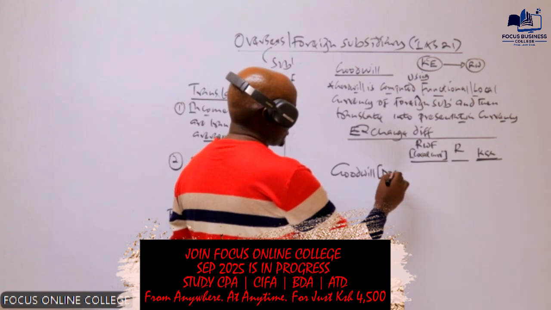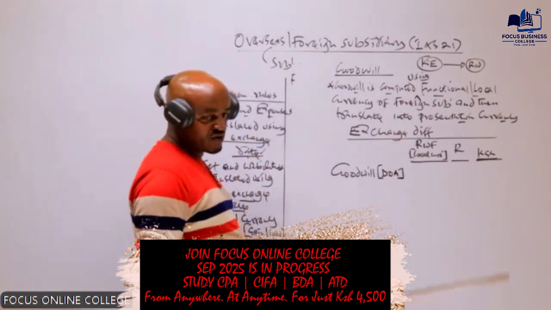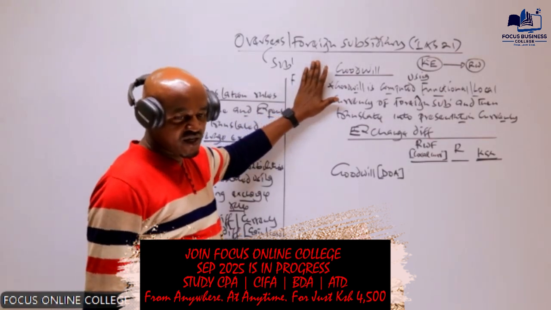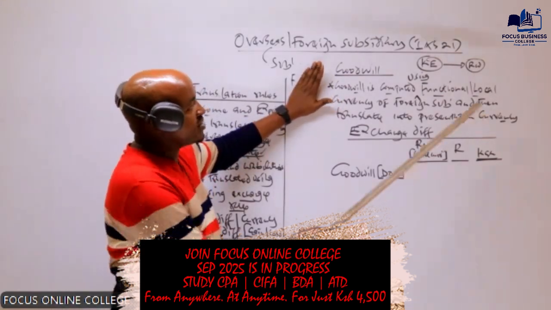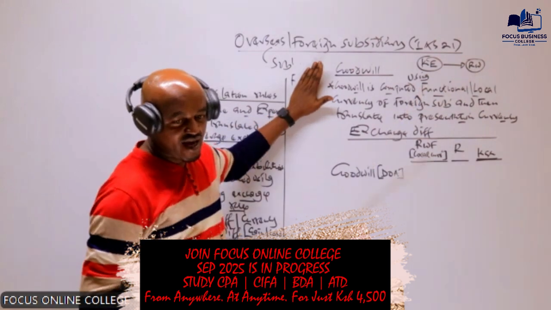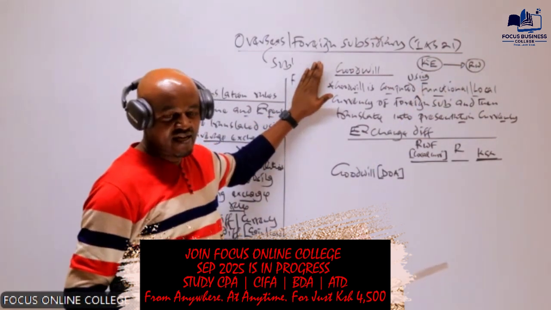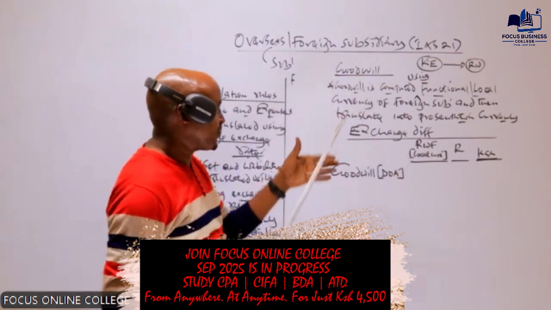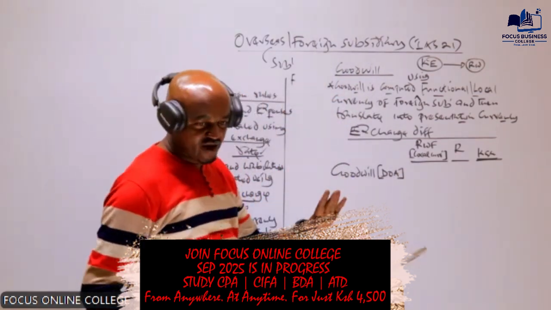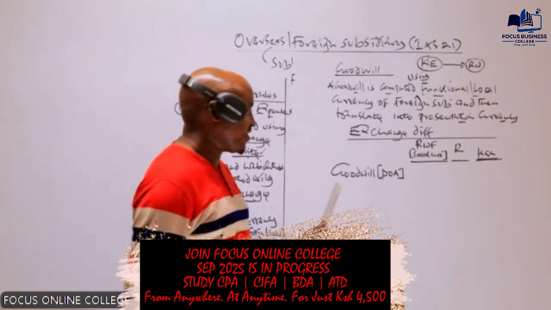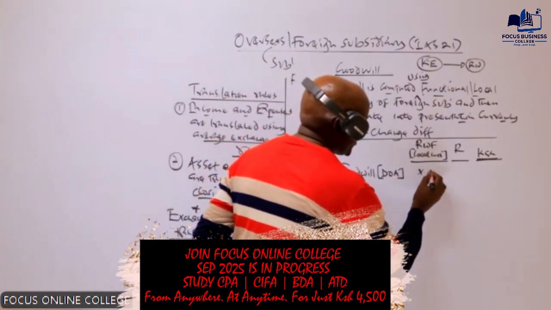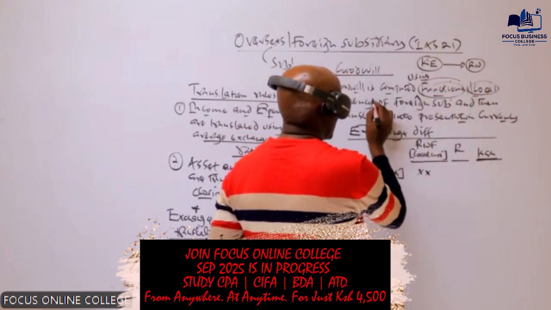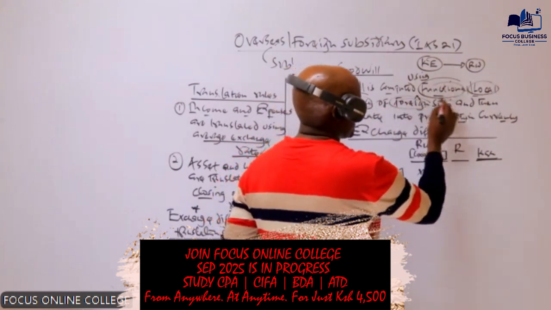So here we always start with the goodwill at the date of acquisition. In all these questions on foreign subsidiaries, the subsidiary is always acquired at the start of the current year. So we compute this goodwill on the date of acquisition, which is always at the start of the current year, using the functional or local currency of the foreign subsidiary.